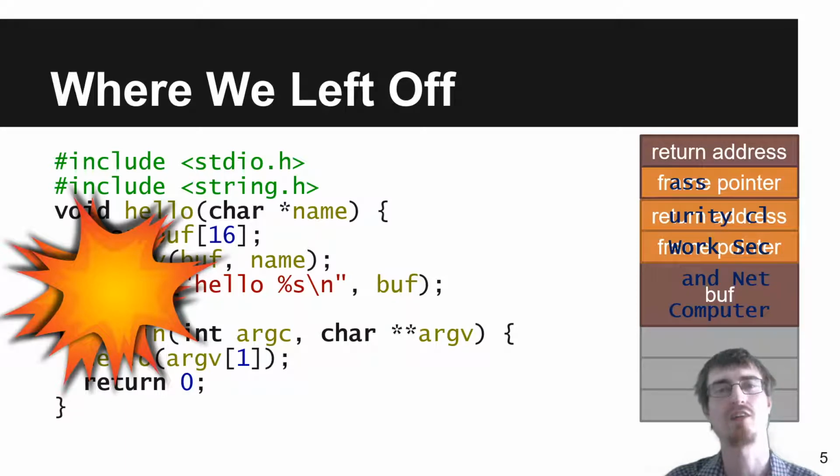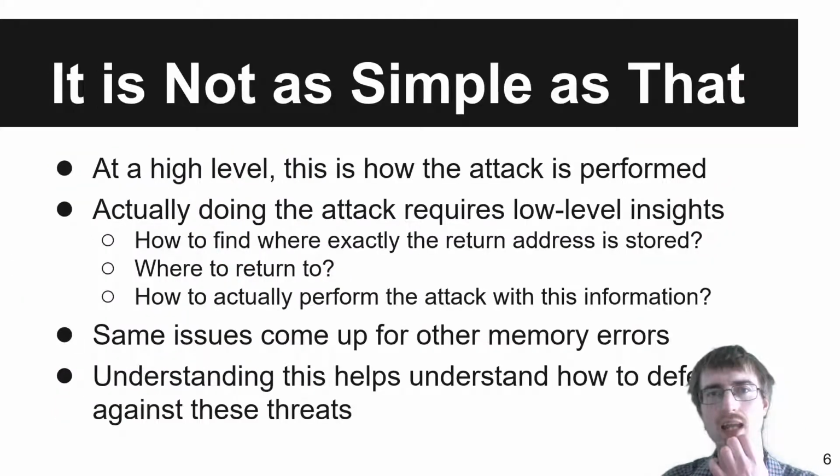We already said, well, simply override it with a return address. But it's not really that easy. We need to find a way to reliably run code and to know which return address to write where. So, at the high level, this is how the attack works, but actually doing the attacks does require low-level insights.